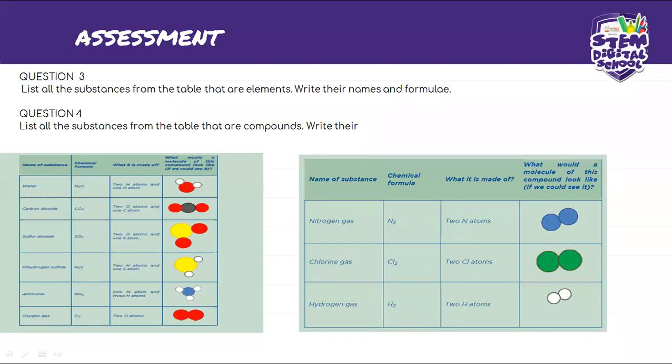Yeah, all of them. Question 3 is referring to the table. Question 4 is referring to the table.